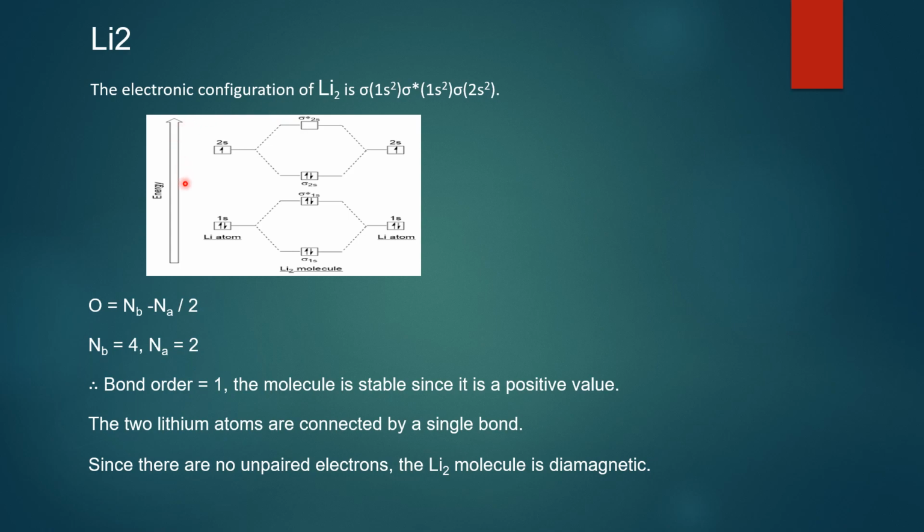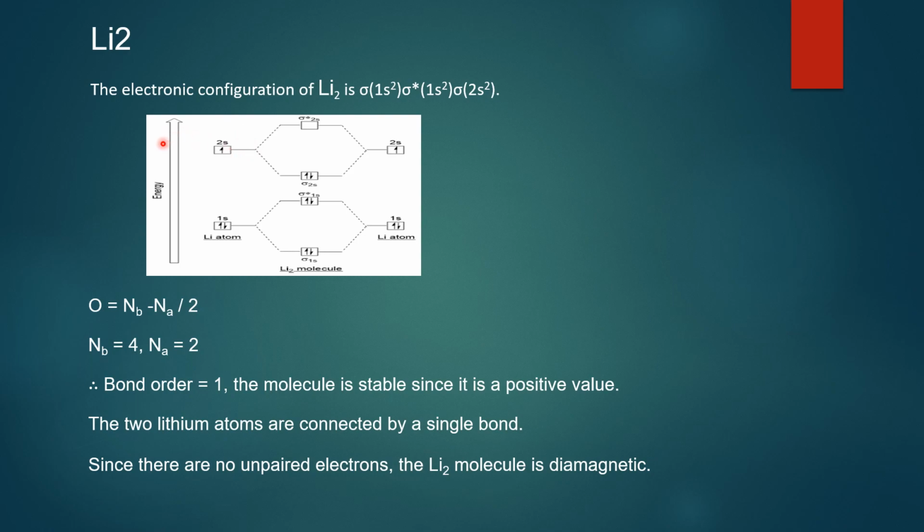First, you do the overlapping of the two 1s atomic orbitals of both lithium atoms. We get two molecular orbitals, sigma 1s and sigma star 1s. The bonding molecular orbital has 2 electrons, and the anti-bonding one has 2 electrons.